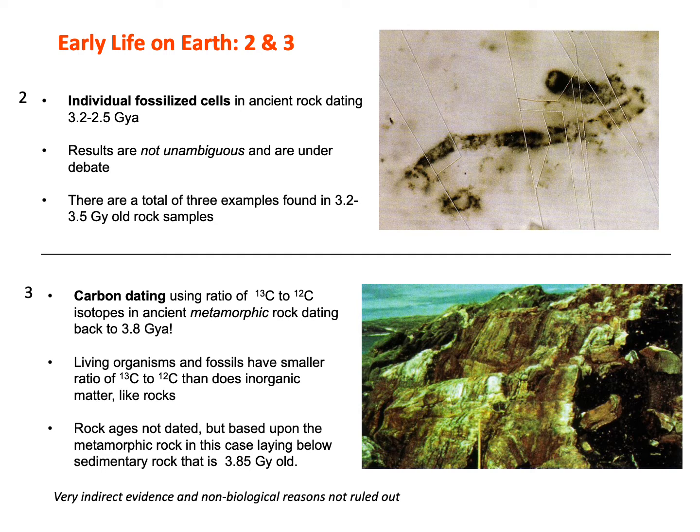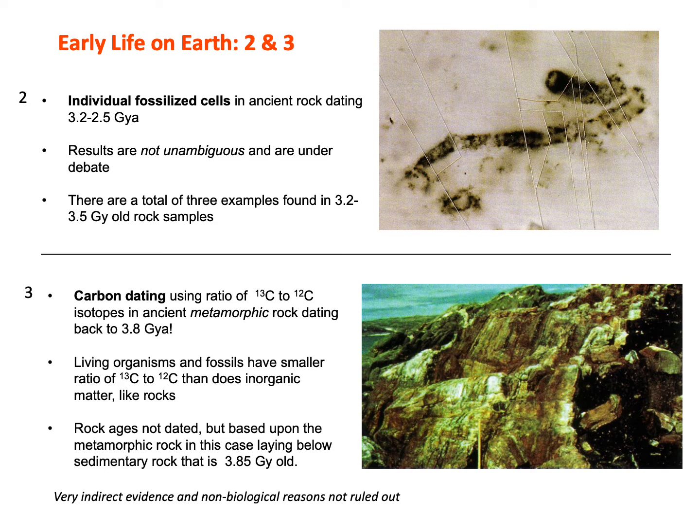So in this case, it turns out that living organisms have smaller C13 to C12 ratios than does natural inorganic matter. So the cosmic abundance of the ratio of carbon-13 to carbon-12 is a certain ratio, and then life tends to favor carbon-12, and so therefore has a smaller amount of carbon-13 incorporated into its biomass.